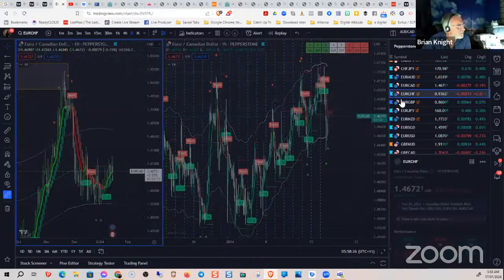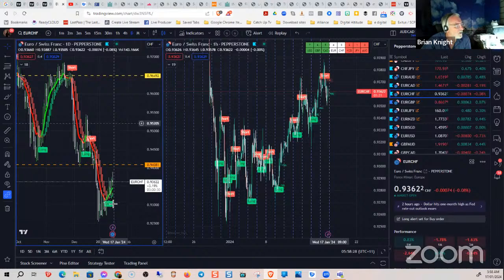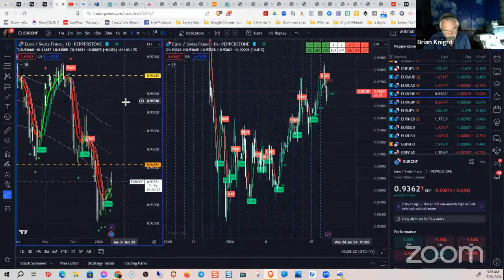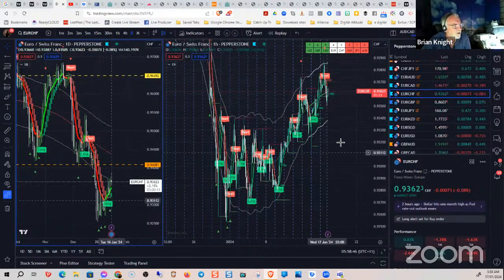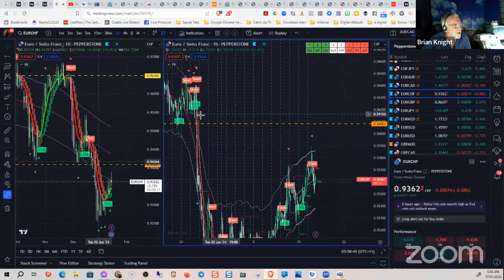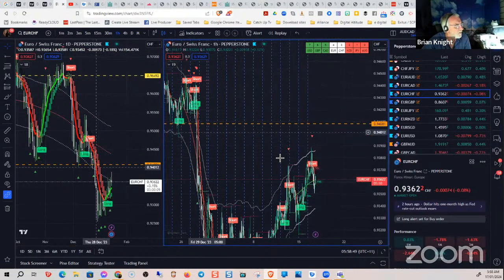Euro CHF. Yeah, I reckon we've got a change on this one as well, as in a push up. Euro has been... I think it will, again, you look at it end of December, start of January, poof, off it goes, change direction, see how much it is to push back up.